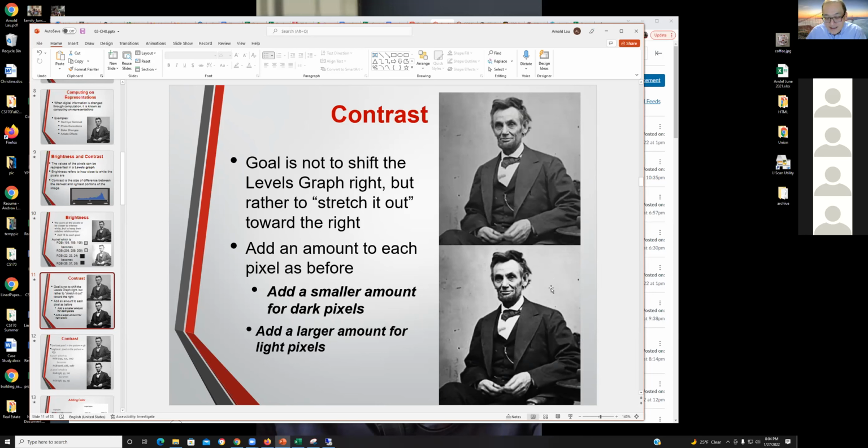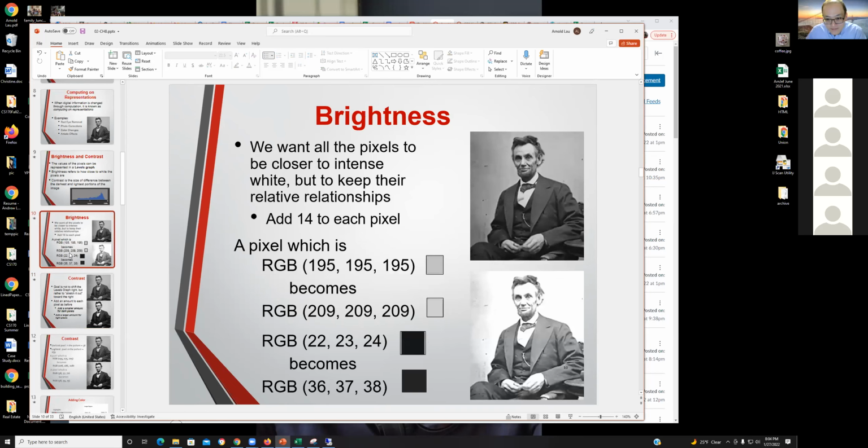But some of the other areas, like his shirt, you want to pop more. So that's why we came up with a larger amount of shift for the light pixels and a smaller amount of shift for the dark pixels. And that's why you would say maybe this enhancement of the picture looks better than this one. Okay.